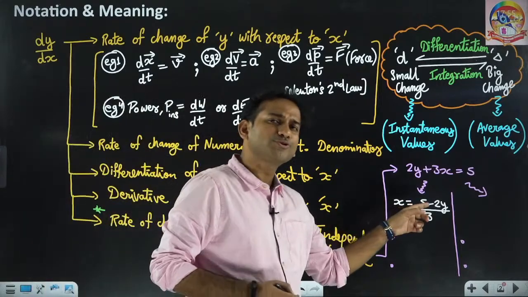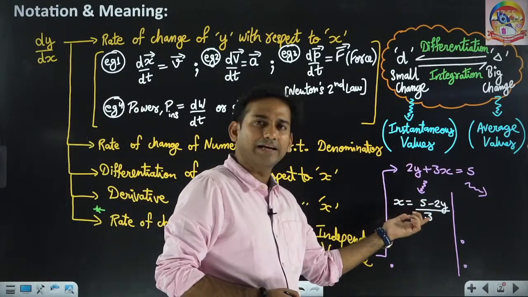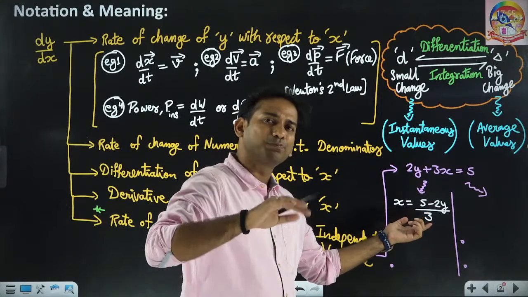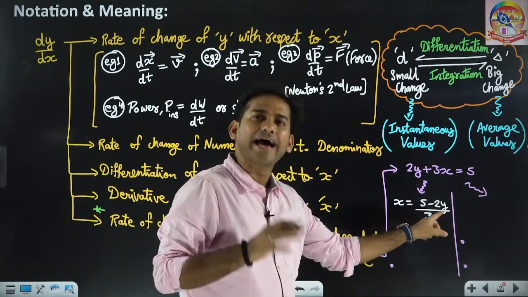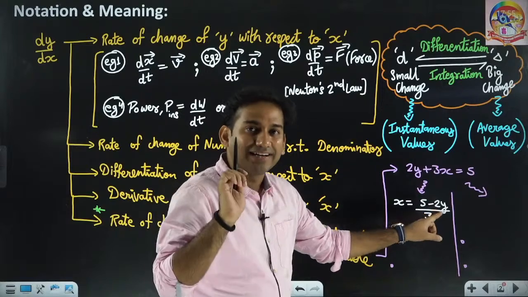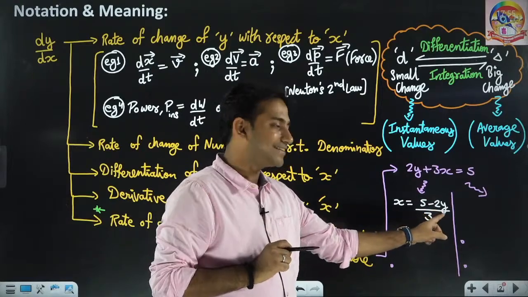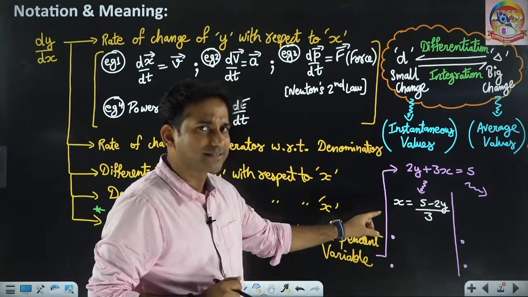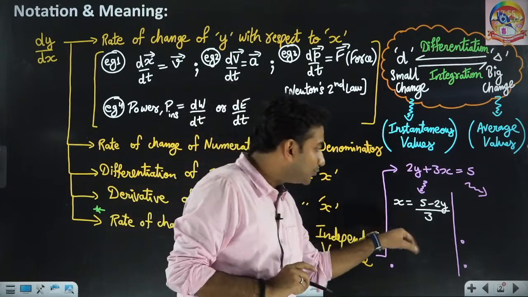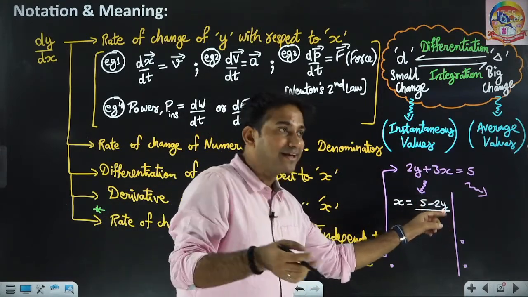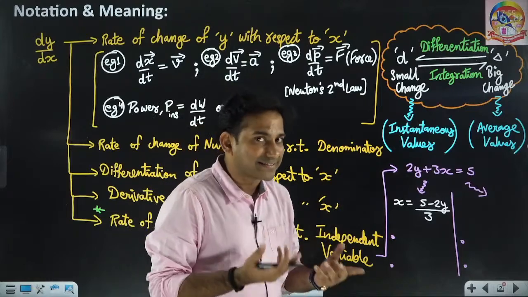So here what you used to do? If you express this straight line equation like this, you used to put the values of y as per your wish, and depending upon the value of y, the value of x used to come as an output. Remember, you supplied y as the input and got the value of x as the output.